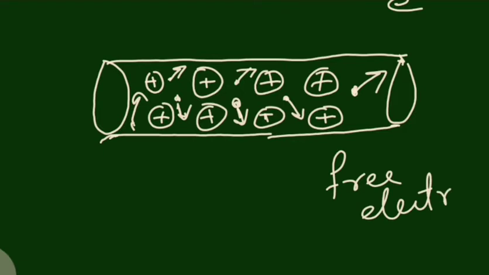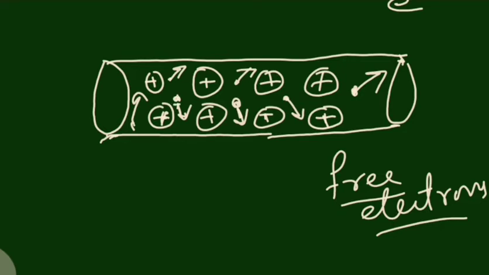Free electrons are responsible for the conduction, or the flow of current, inside a conductor. Free electron movement will produce the current. Inside a conductor, the positive ions are stationary, they won't move, and the electrons are the ones who are moving.